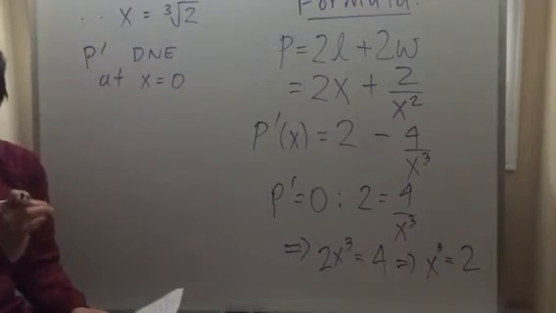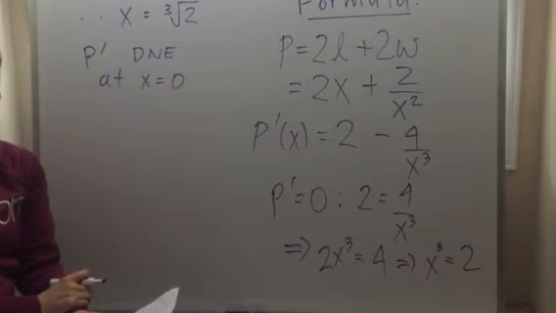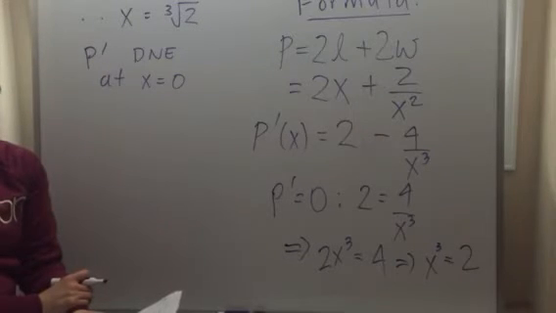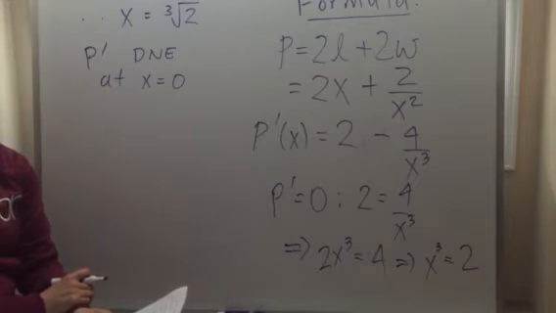However, at x equals 0, what kind of rectangle would we have? I mean, I don't even think that's a very well-defined rectangle. And as a thought exercise, I would have to ask you to actually imagine what that would do.